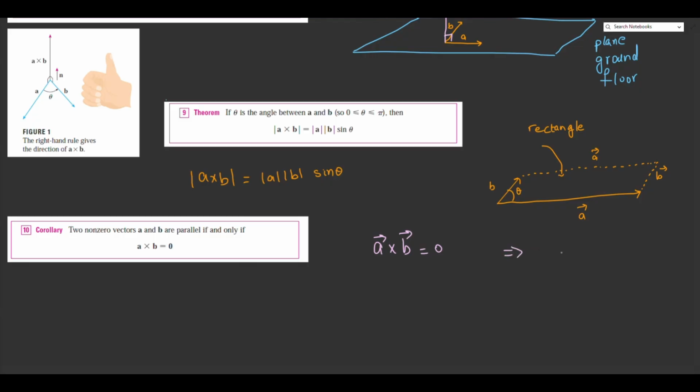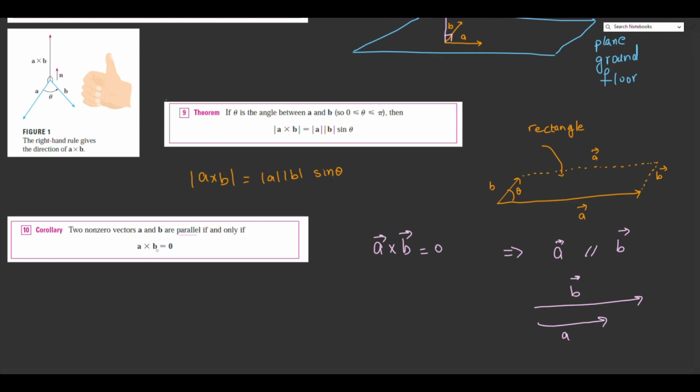Then we say that the vector A is parallel to the vector B, or you can say the angle between them is 0. So this is the vector A, and similarly parallel to it lies the vector B. So these two vectors are parallel to each other. Two vectors are parallel if and only if A cross B equals 0.